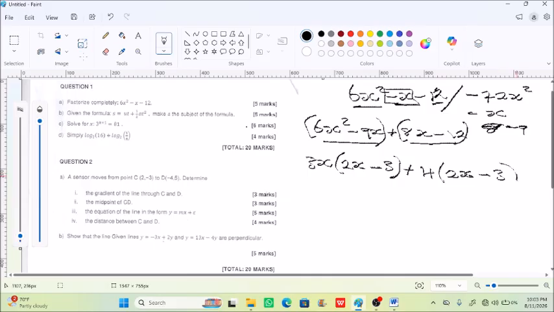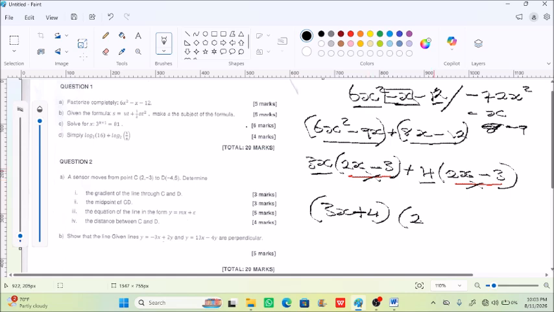We close the parenthesis, and we need to make sure that what is in the parentheses matches. If you look, we have 2x minus 3 and 2x minus 3. From there we get what is outside: 3x plus 4, in one parenthesis, and then 2x minus 3.